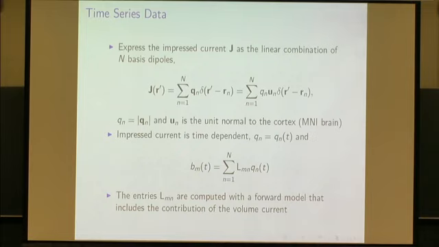You can include the volume conductivity into this L_m if you wish. You can express your volume current in terms of the impressed current, and then you can make the problem linear if you know the conductivity distribution. This is again not of so much importance. I will explain what we are doing in our model. But you have a way to calculate these matrix elements L_mn, and then you have this linear problem.